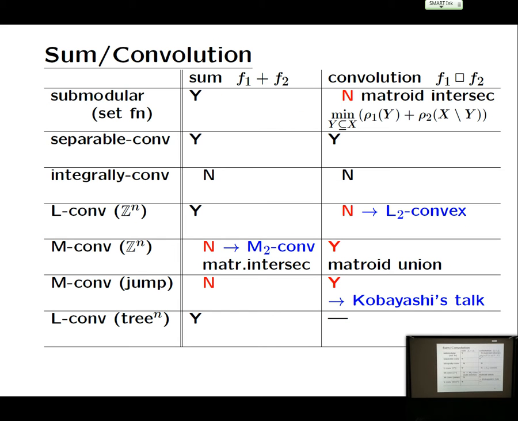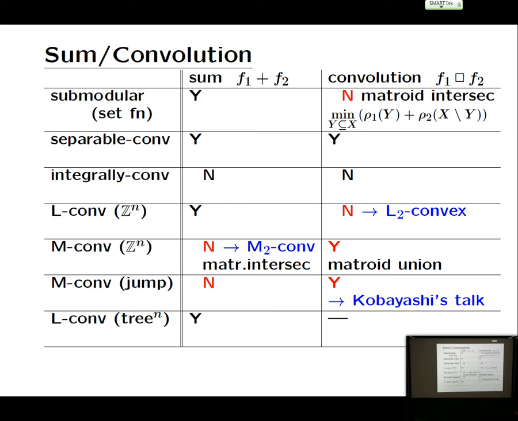So here's just a list. For L, always yes, yes. For M, no. But instead of this, if you consider the convolution operation, which is actually dual to addition, then the situation changes to the opposite. Convolution of M-convex functions, yes.